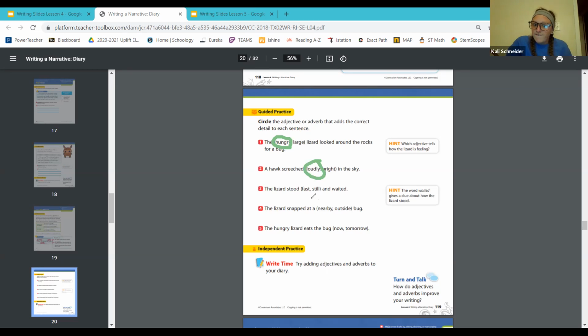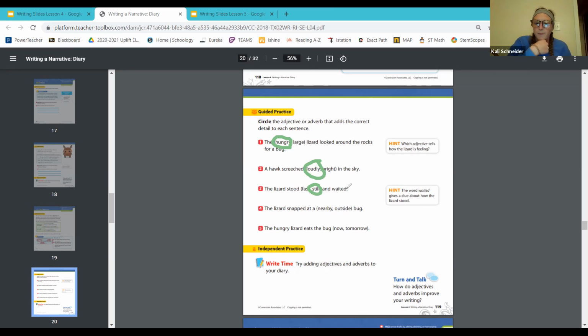The lizard stood fast and waited. Or the lizard stood still and waited. Well, if you're standing, are you standing fast or still? Definitely still, right? We're going to stand still and wait. The word waited gives a clue about how the lizard stood.